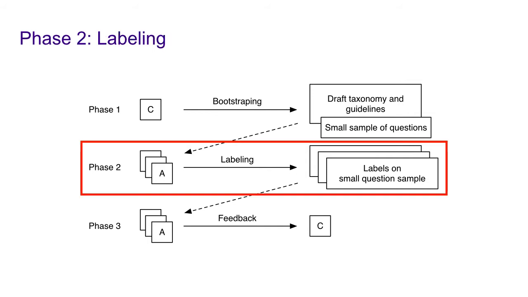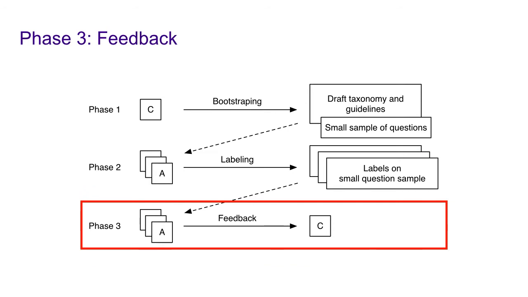In the second phase, based on the draft documents they received from the coordinator, the assessors individually perform a small-scale labeling study on the sampled questions. In the third phase, the coordinator meets with the assessors and receives feedback on challenges they encountered during the labeling of the small question sample.